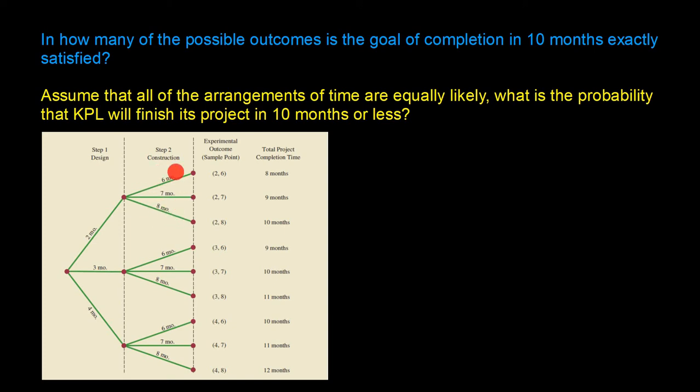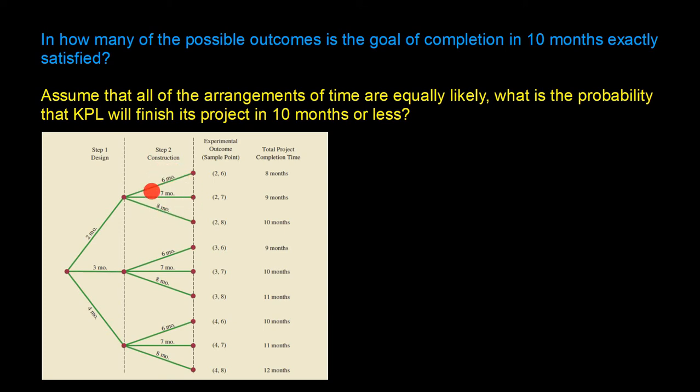But all of these can be paired up with 2 months of the first stage, and all of these can be paired up with 3 months of the first, and the same thing with 4 months. So the question some of you asked in class is why we multiply 3 times 3. Well, this is a graphical answer for that question.